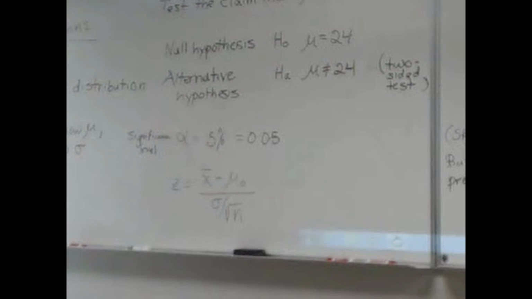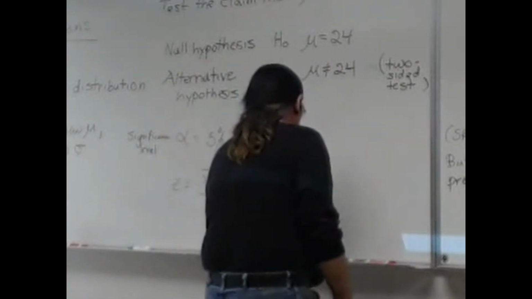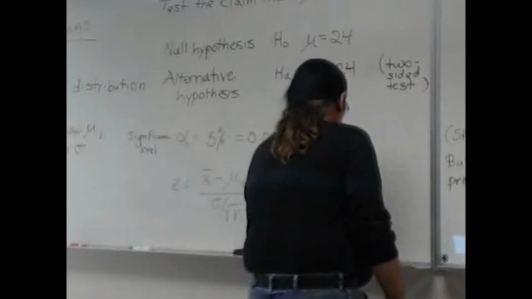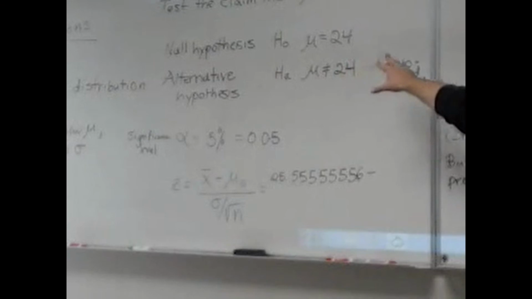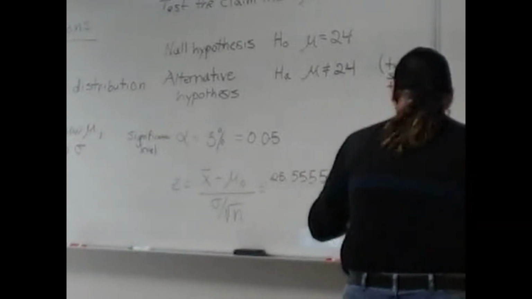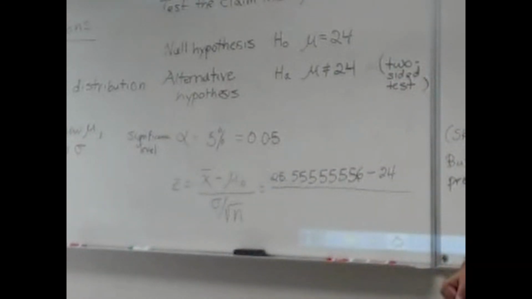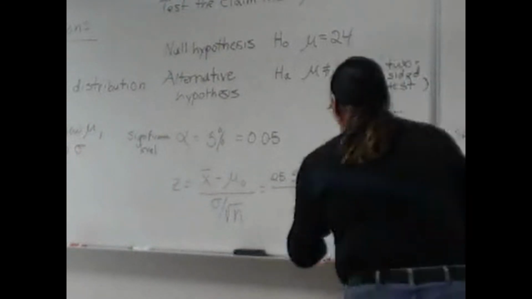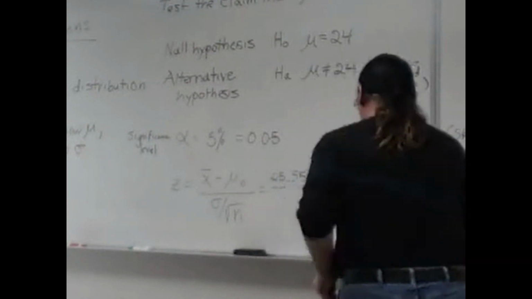So we had that 25.555556. Subtract from that the claimed mu in the null hypothesis. What did we have for sigma? 8, when we did the confidence interval? Sigma was 8. Okay. And little n was 18. So over square root of 18.